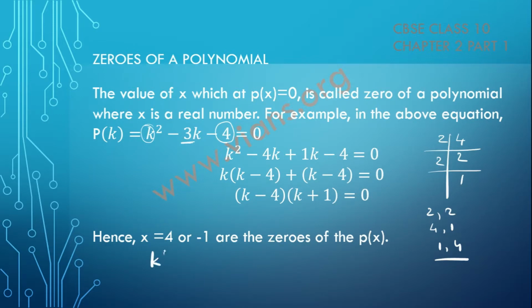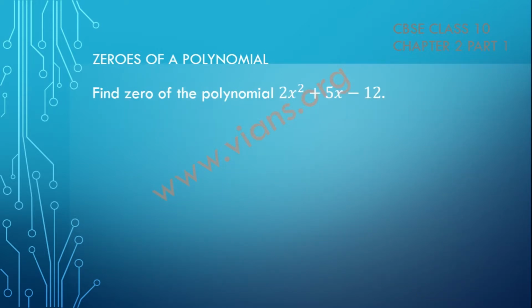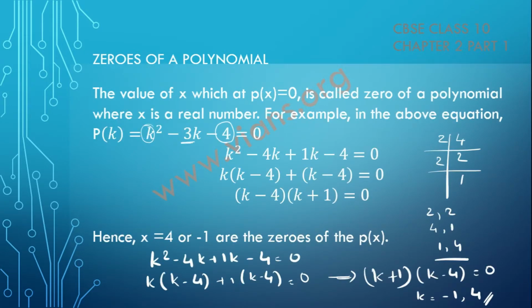So I could write this as k square minus 4k plus 1k minus 4 is equal to 0. I can take k common, so that would be k minus 4 plus 1, k minus 4 is equal to 0. This would be nothing but k plus 1 into k minus 4 is equal to 0, which is nothing but k is equal to minus 1 and 4, right? So that is the zeros of this particular equation.